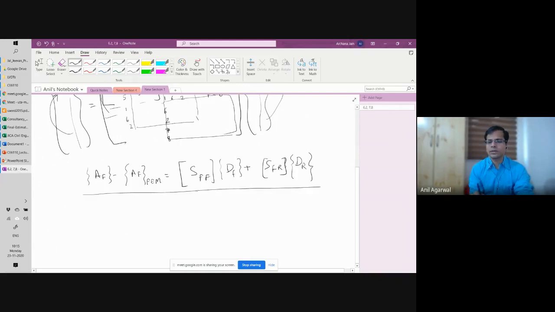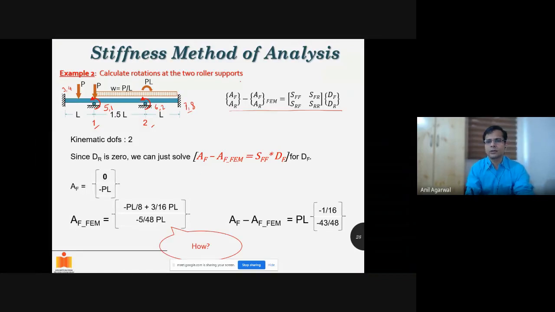This would have been the matrix equation. That is basically your first equation here: AF minus AF FEM is equal to SFF DF plus SFR DR. Okay. Now in this particular case, there are no non-zero boundary conditions. All the boundary conditions are given as zeros. That means my DR is basically 0.